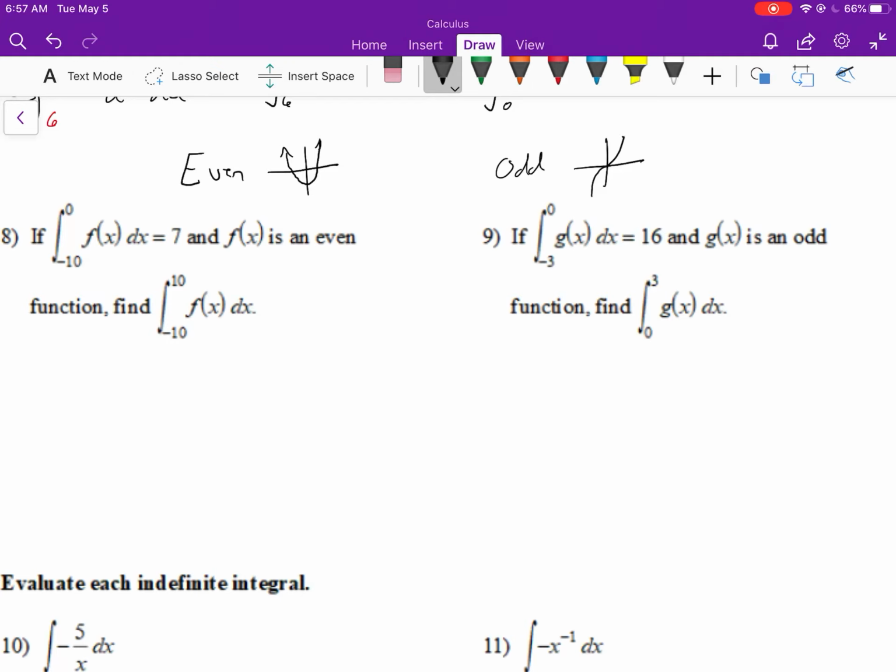So like an x cubed function is odd. Now it's not just x squared and x cubed that we use, but remember that symmetry. So symmetric about the y-axis and symmetric about the origin.